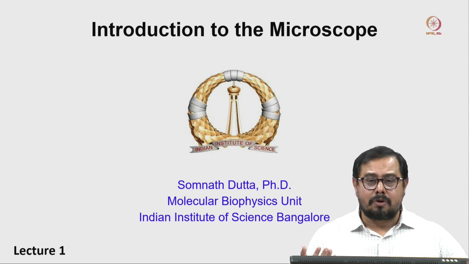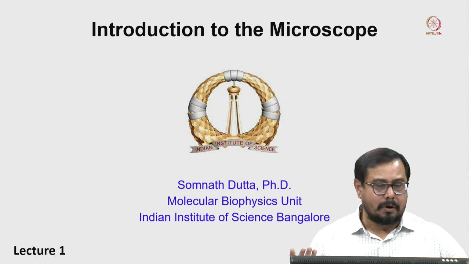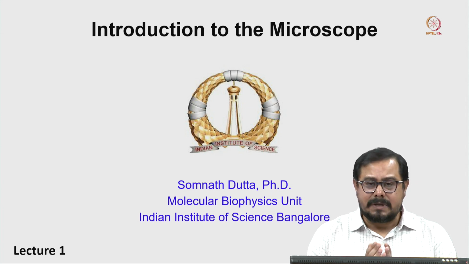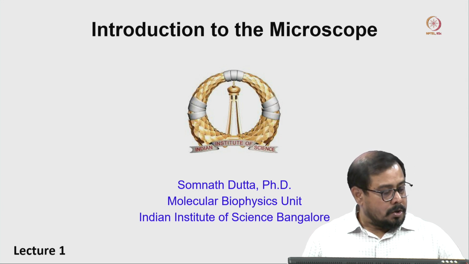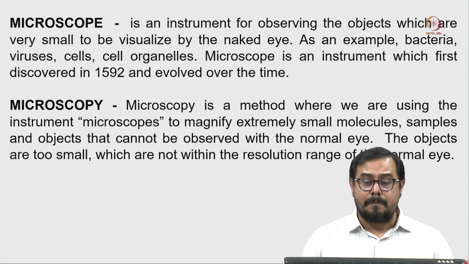So whenever we are talking about a microscope, what comes to our mind? So it will come something like that. A microscope is something which is enlarging, and it is helping us to visualize. But if I ask you for the definition, what is the definition of the microscope?